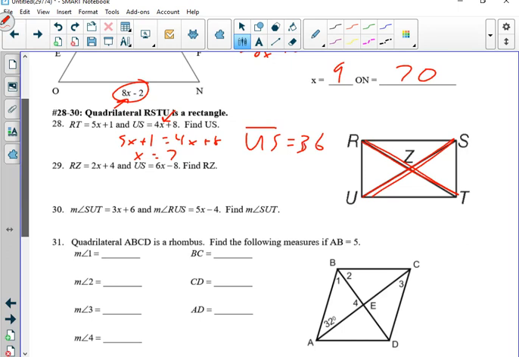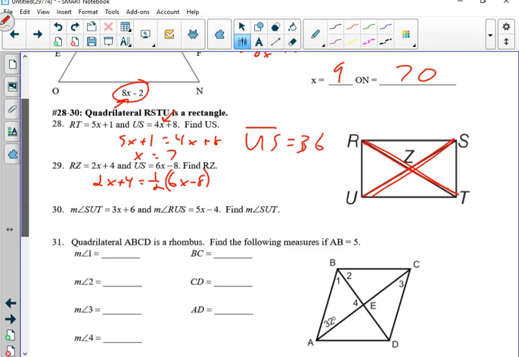RZ is 2x plus 4. US is 6x minus 8. Again, RZ is half of RT. And since US and RT are the same, we can say that RZ, 2x plus 4, is half of US.